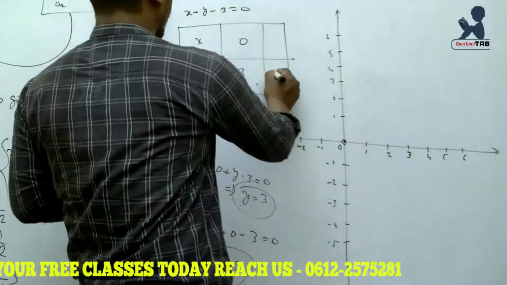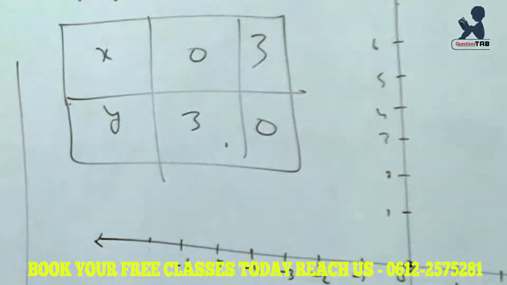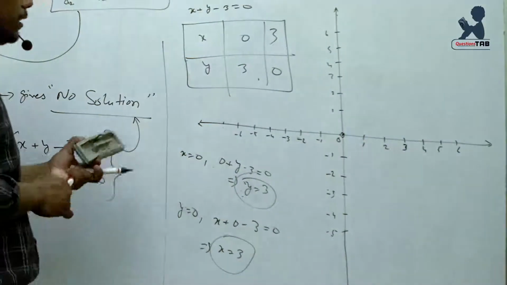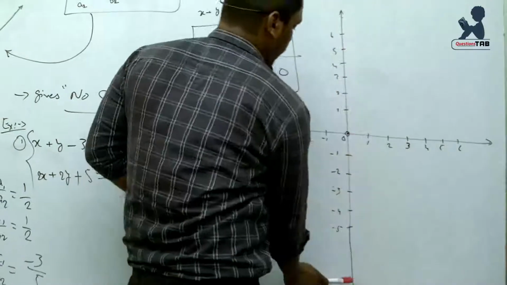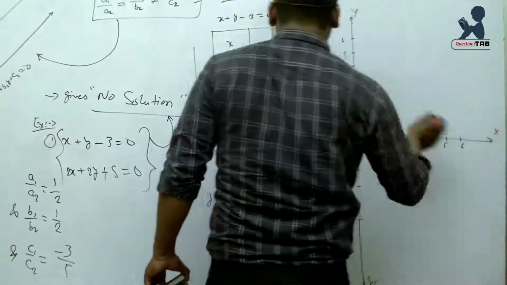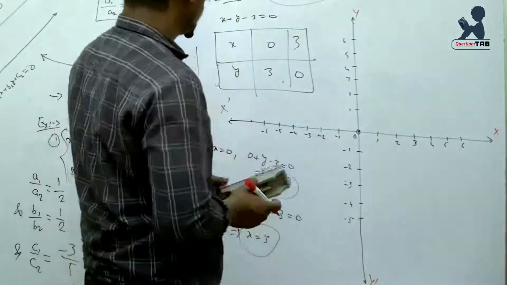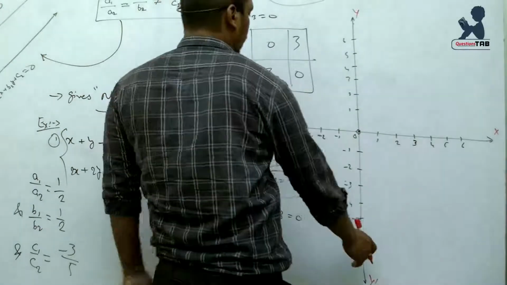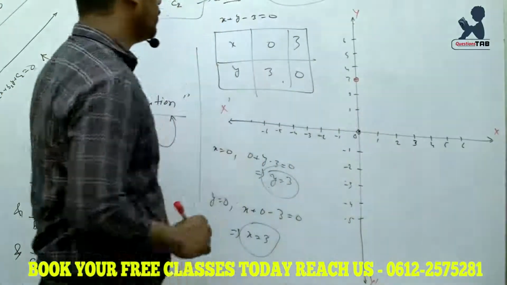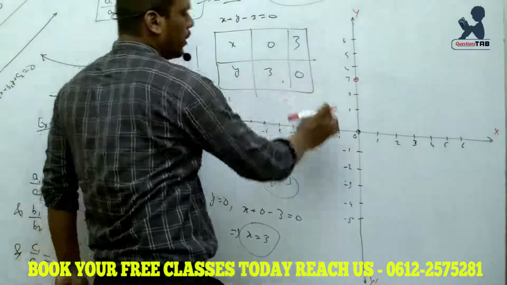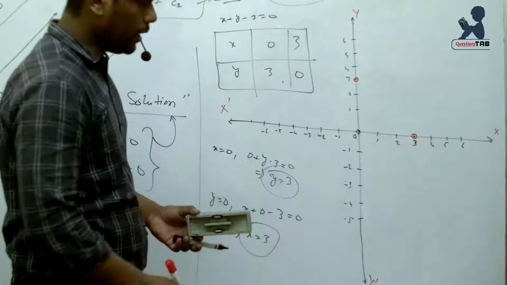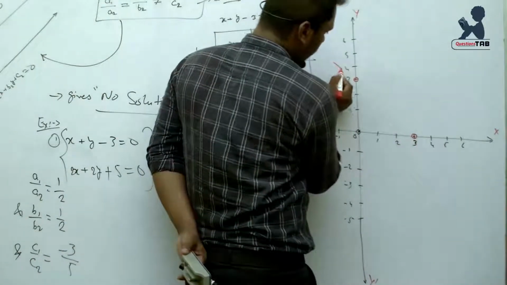Let's plot these points on the graph. For x equals 0, y value is 3, and for y equals 0, x is 3, so we get a straight line like this.